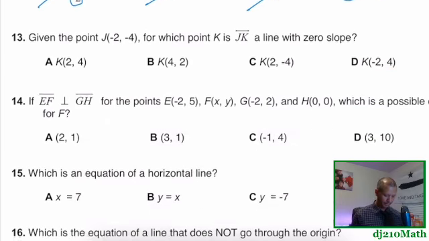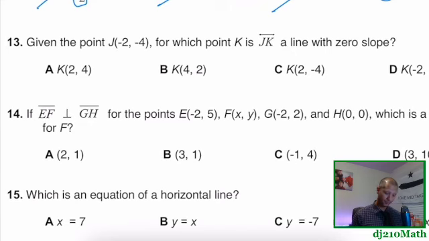Number 13. Given the point J, negative 2, negative 4, which point K is line JK a line with 0 slope? Okay, what is it even asking? All right, so it gives us a point.